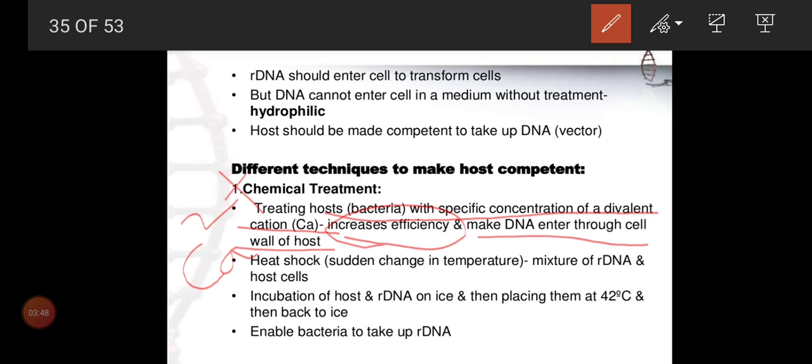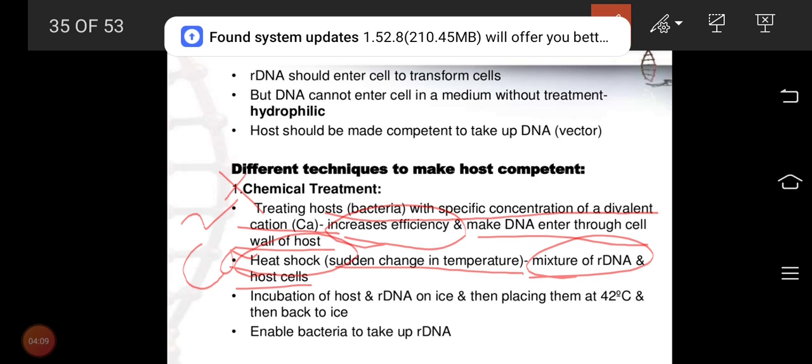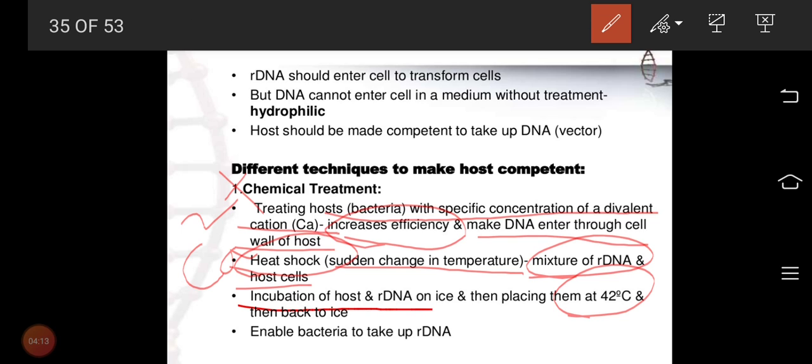For that, another procedure is heat shock. It is a sudden change in temperature. First we need to cool and then increase the temperature, that is chill and hot, or we can call it heat shock treatment. Here the mixture of recombinant DNA and host cells is incubated on ice, then placed at 42 degrees Celsius, and then back to ice.